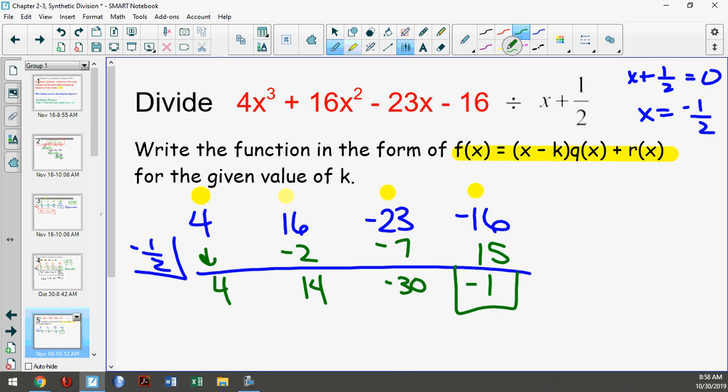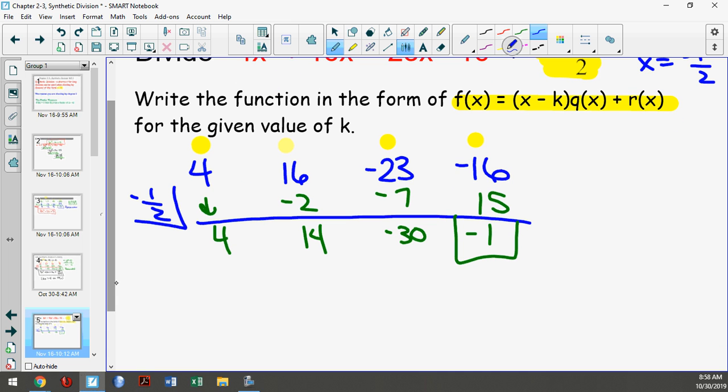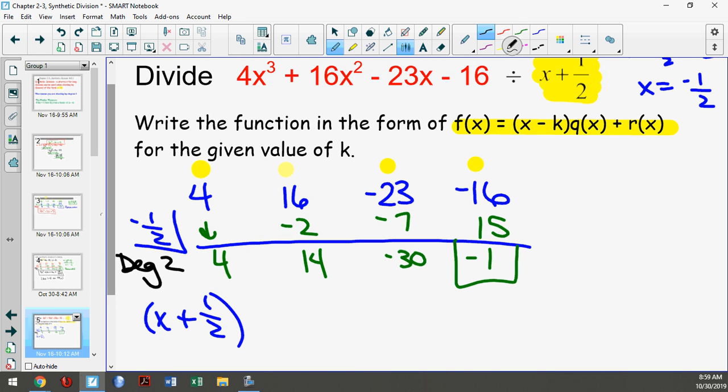Okay. Now, what we're going to do is take what we originally had, which is the x plus the 1/2, and I'm going to write this in factor form. This is going to be x plus the 1/2. When you do this, what degree is this polynomial going to turn into down here? It was degree 3, so now it's going to be degree 2. And I simply am going to attach this by multiplication.